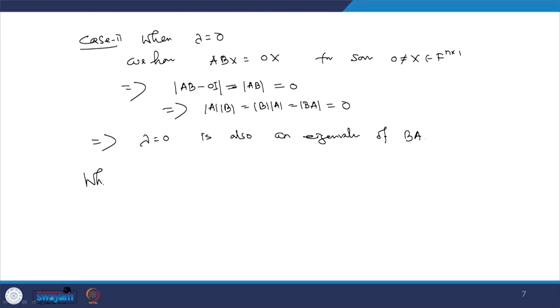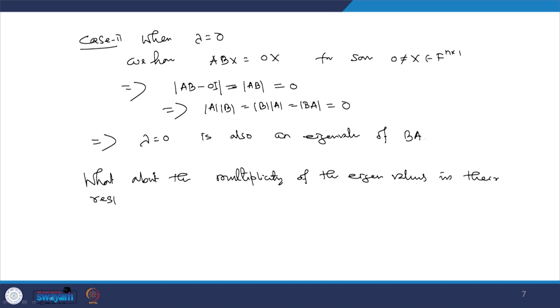So what about the multiplicity of the eigenvalues in their respective characteristic polynomials?